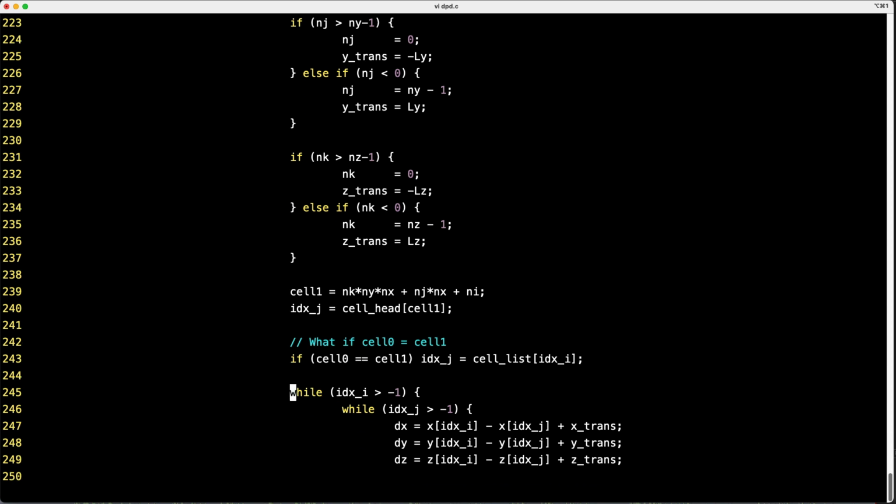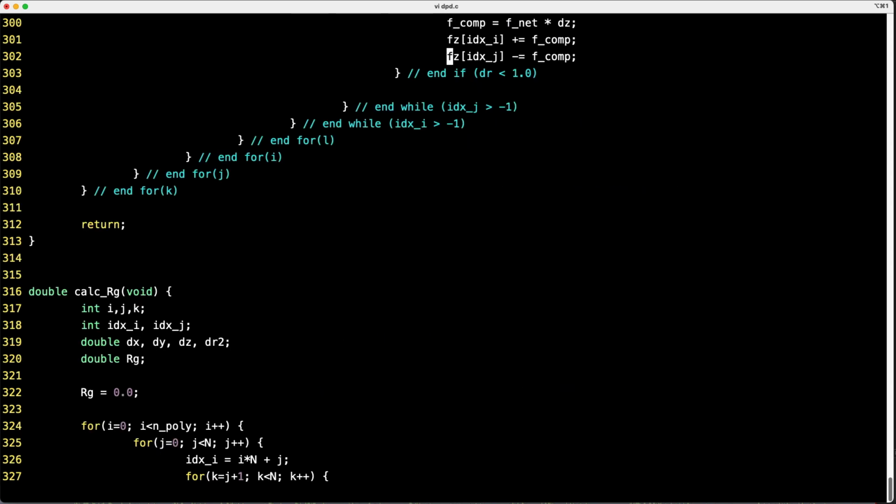And for each of those neighbors, all we've done is gotten the top particle, the first particle that belongs to that. So what this means is that down here, once we've checked to see whether the first couple particles are within a separation distance that gives rise to an interaction, what we need to do is get the next particle. So that would be the cell list of IDXJ.